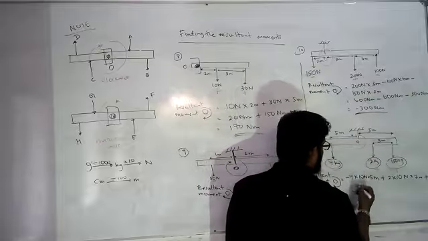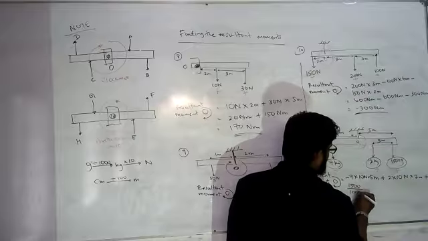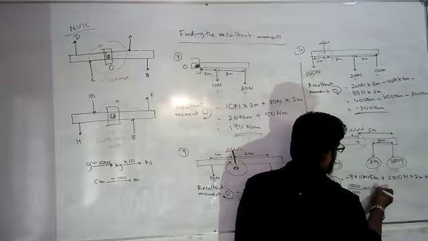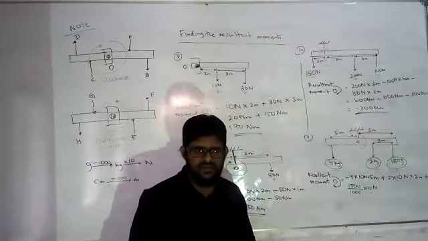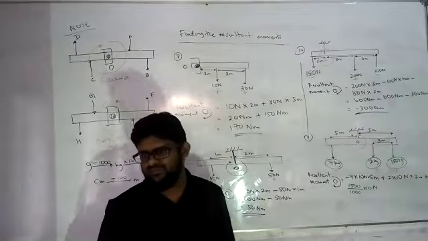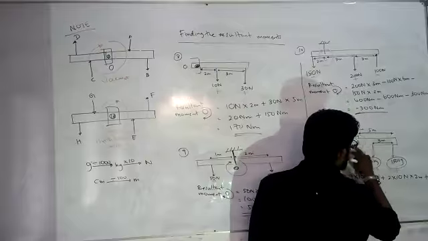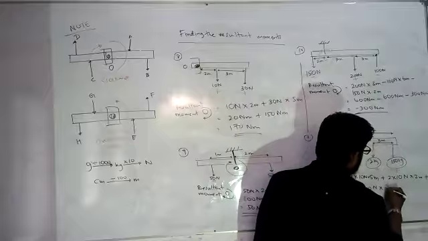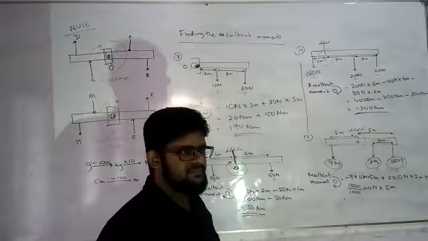Now I have 1,500 grams. 1,500 grams means dividing by 1,000 and then multiplying by 10 to get Newton, correct? 1,500 grams means 1.5 kilograms, right? 1.5 kilograms into 10, 15 Newton. 15 Newton into, what's the gap now? 5 meters. Okay. Correct? Did you get them?